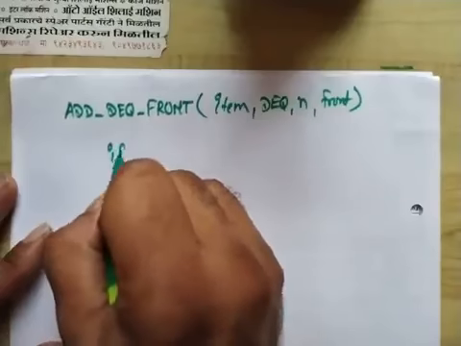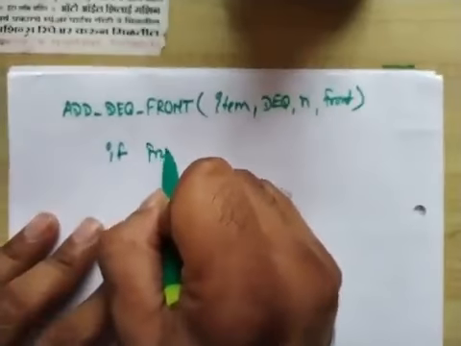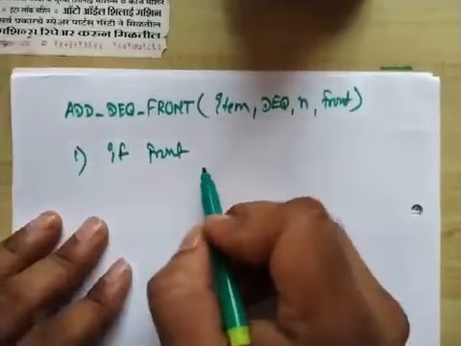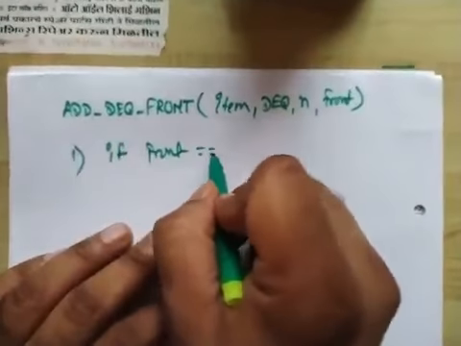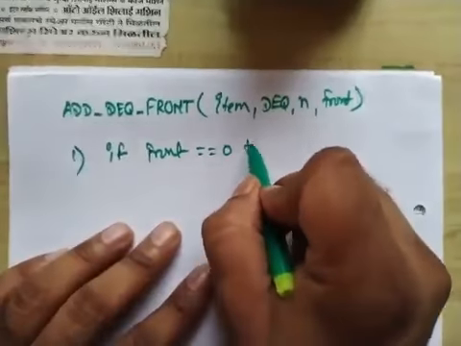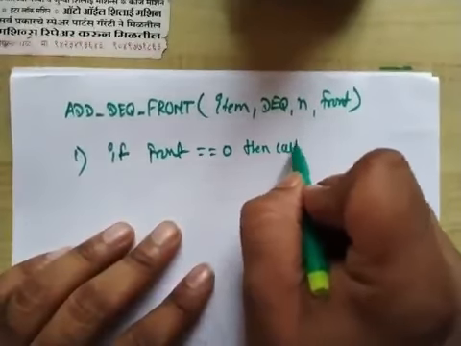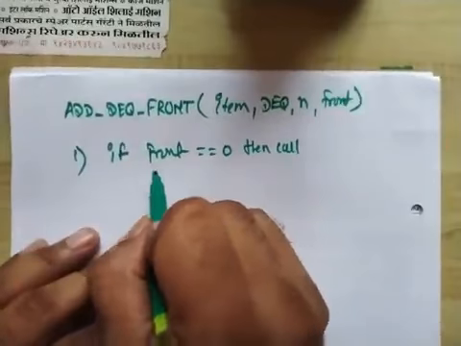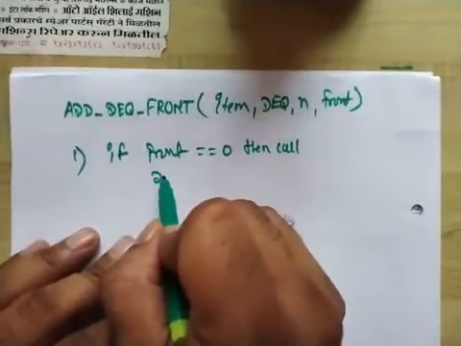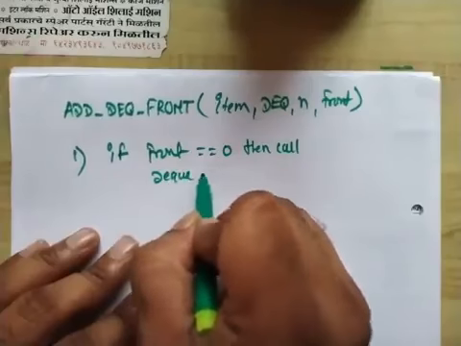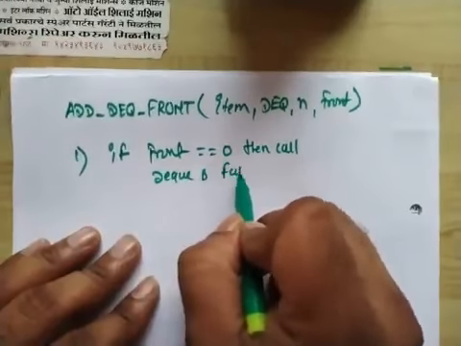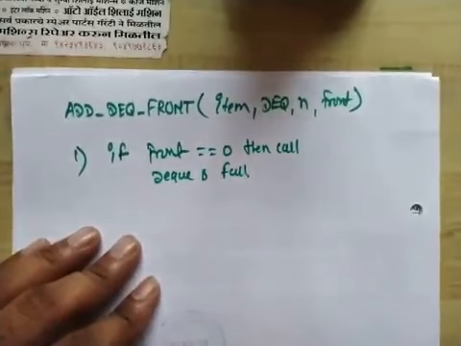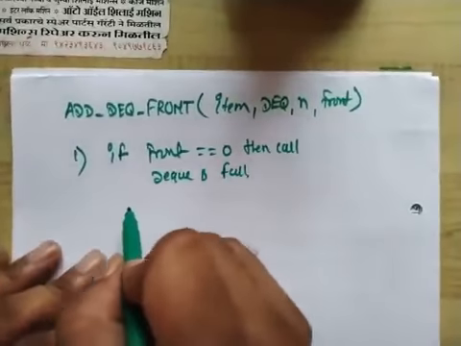If your front is equal to 0, then call deque is full, since we are inserting through the front end.